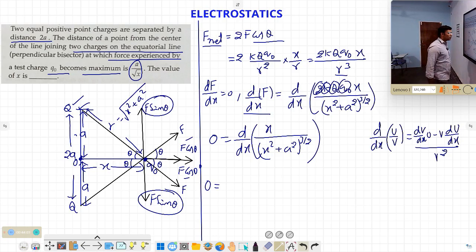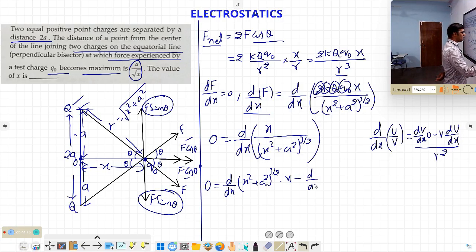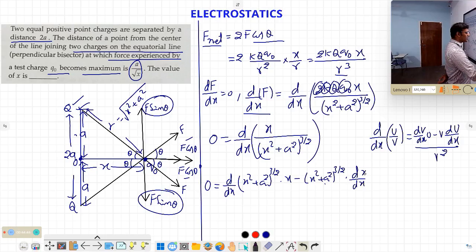If you apply that formula, what are you going to get first? You are going to get dv by dx, so d by dx of x square plus a square whole power 3 by 2 into x, minus v into d by dx of x. Here v is x square plus a square whole power 3 by 2, into d by dx of x.